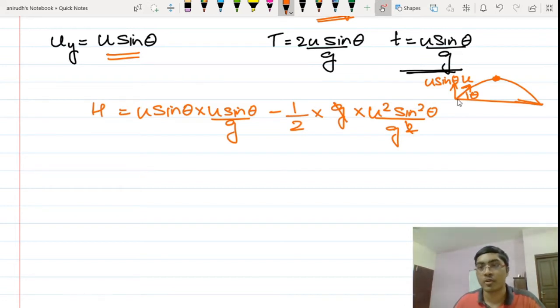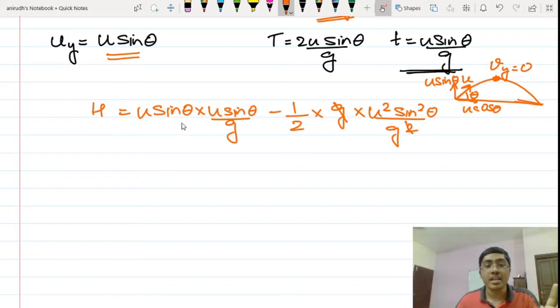Because of the horizontal component. So this u cos theta is going to transfer it to the other side as it goes upwards. So it has two velocities, both of them independently acting at the same time. Now at this particular moment, its Vy is equal to 0. Fine, that is why h is equal to u square sine square theta by 2g.